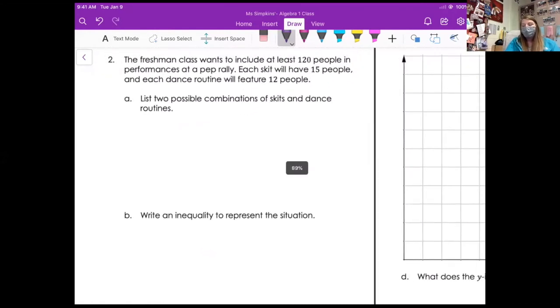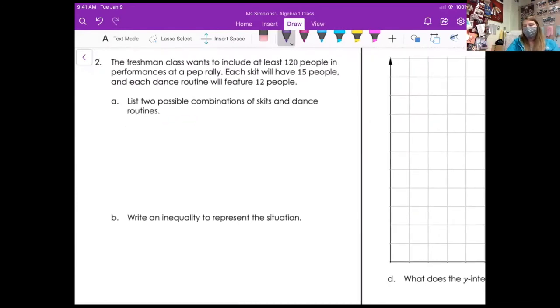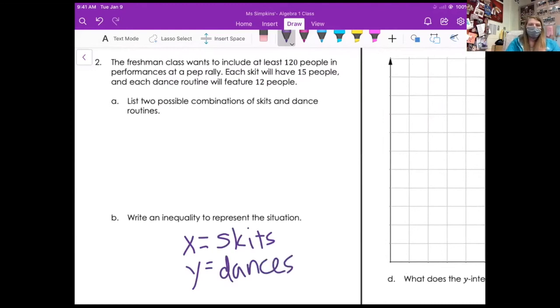So you want to tell me 2 possible combinations that would give you at least 120 people. And then when you make your inequality, make sure that X is skits and Y is dances. So take a second to do that. Give me 2 combinations and then try and write that inequality.